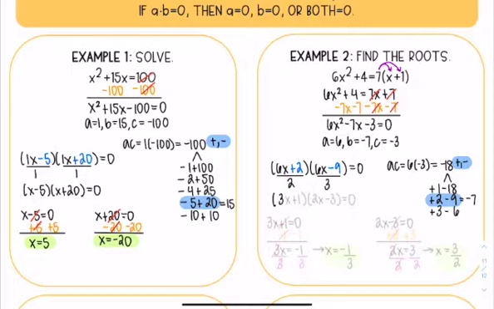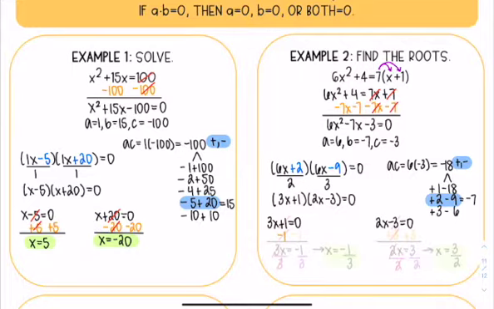And so I end up with 3x plus 1 and 2x minus 3 equals 0. We want to set each piece equal to 0 so we can solve it. So 3x plus 1 equals 0, and 2x minus 3 equals 0, and then solve them accordingly.